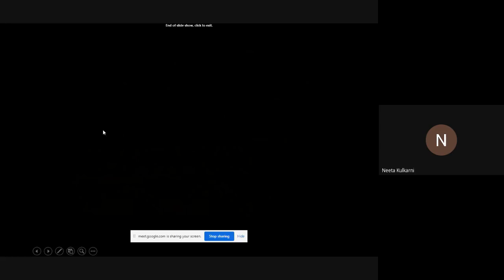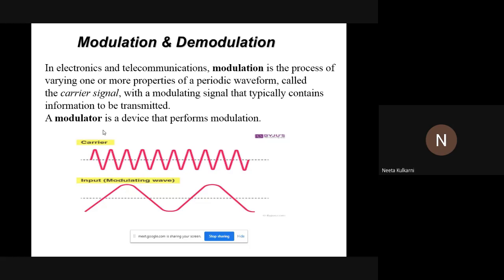Okay. And then what is the definition of demodulation? Demodulation is the process of recovering the original signal. Original signal means which signal do we extract? Modulating or carrier? Modulating. Because no matter how good a modulation method we have used, ultimately the signal we want to recover at the receiver is the modulating signal. So we have to recover the modulating signal back at the receiver.